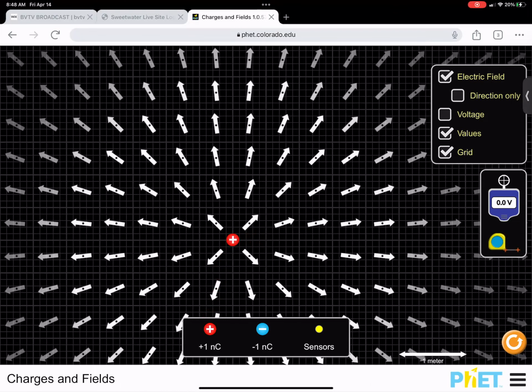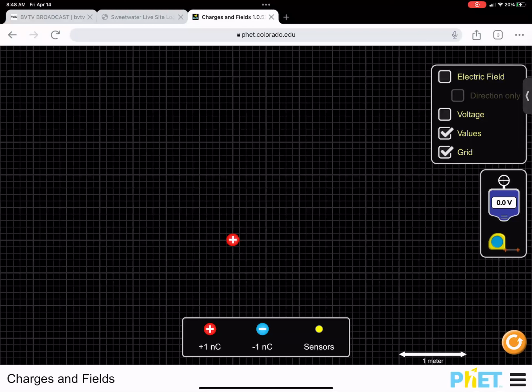I'm going to turn off the electric field just for now so it doesn't muddy up the picture. Then I'm going to place a sensor at 2 meters. Now you can see every one of these boxes, this would be a 0.5 meter. That's 1 meter, 1.5, 2 meters. Okay, got that.